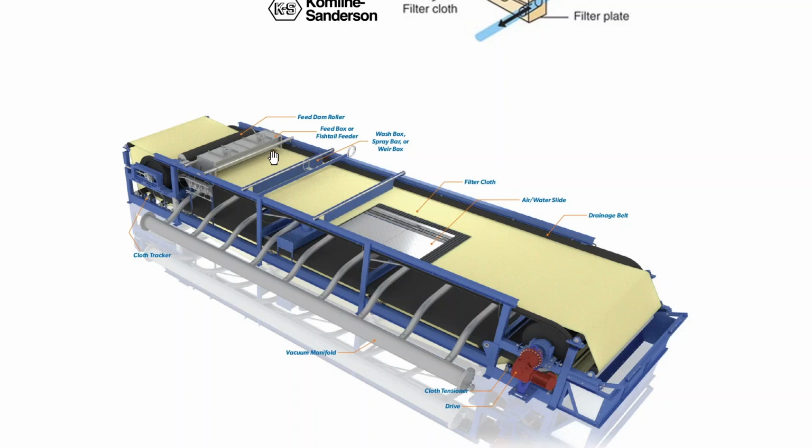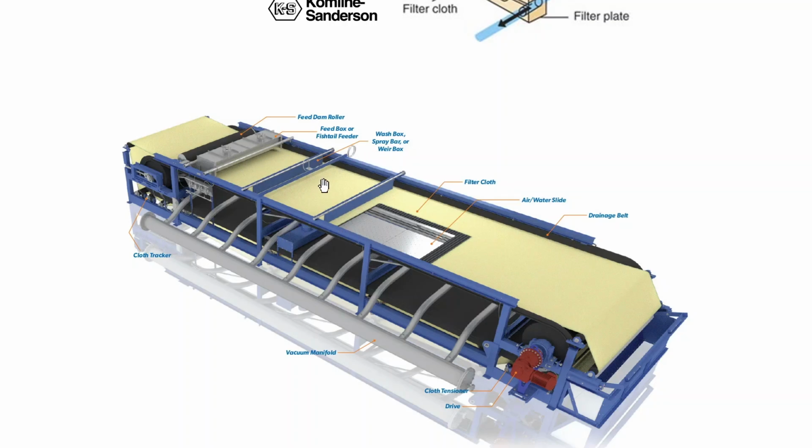The feed will travel across the filter cloth, and the dimensions of this filter cloth and the horizontal belt filter depend on the amount of sludge that we need to concentrate, and the amount of water content in the sludge. So the surface area depends on those parameters.